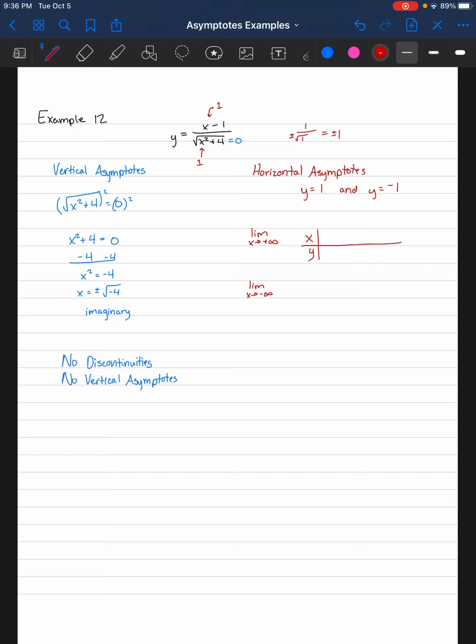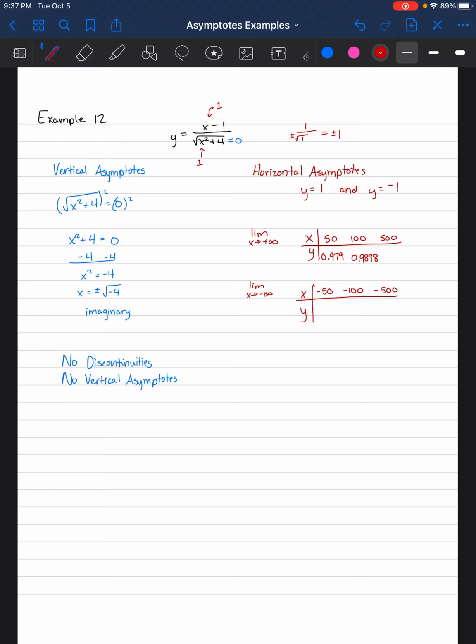And I just want to see what's going to happen. So if I type these in my calculator, 50 minus 1 over the square root of 50 squared plus 4, I get 0.979 and some extra stuff. If I do 100, I get 0.9898 and a bunch of stuff after that.